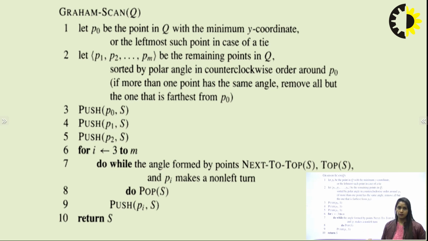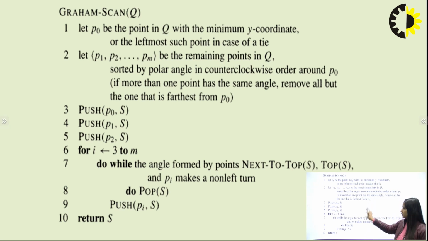In this algorithm, basically we have the point P0 in Q. Q can be any surface or plane, and P0 is the point with the minimum y coordinate, right? Second, we have lots of points in the plane, so the remaining points in Q are sorted by polar angle in counterclockwise order around P0. We are going to discuss these points.